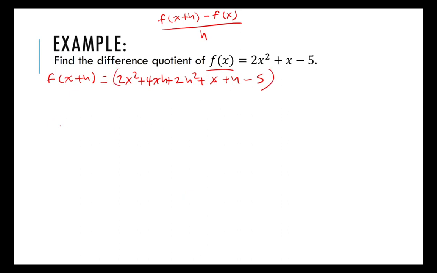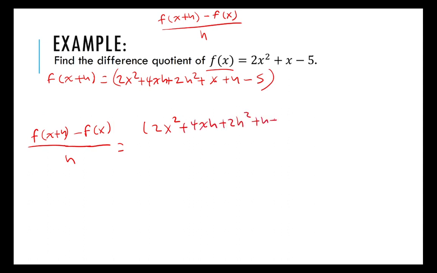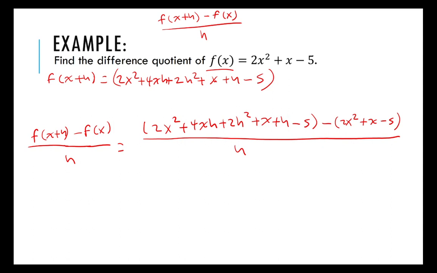So that's going to be 2x squared plus 4xh plus 2h squared plus x plus h minus 5, minus the function f of x. Well, that's just 2x squared plus x minus 5. Do make sure you put parentheses around the function because we're going to need to distribute that negative. And that's going to be all divided by h.